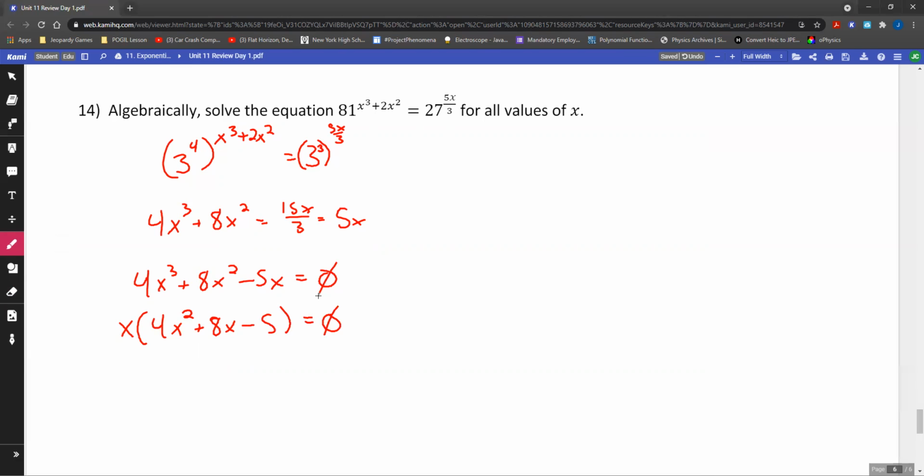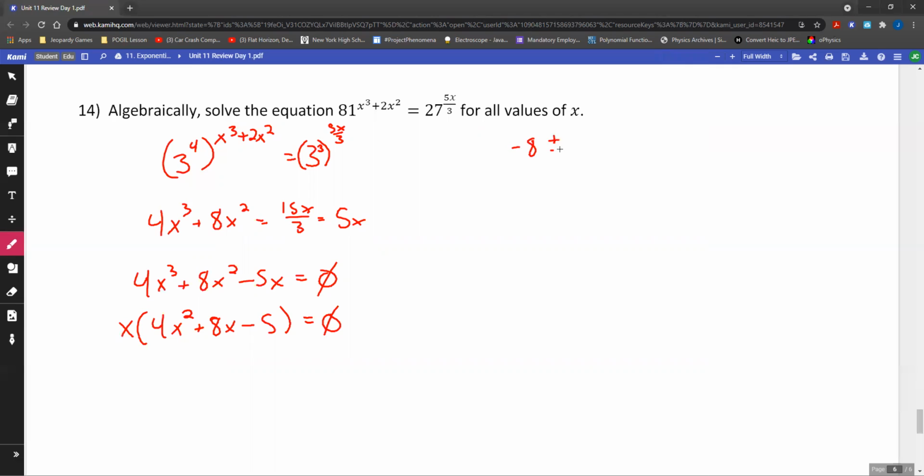From here, we have to sort of factor this, so we're going to have to be a little careful. This one's actually kind of a tough factor, so we're probably going to have to pull out the quadratic formula.